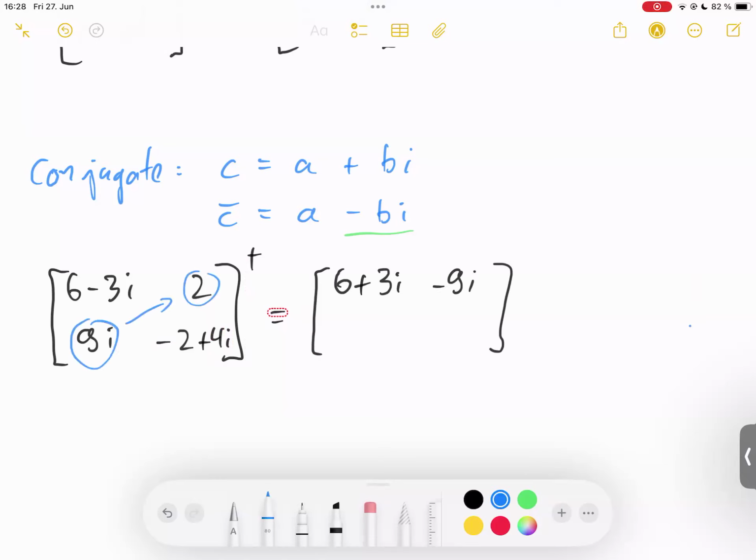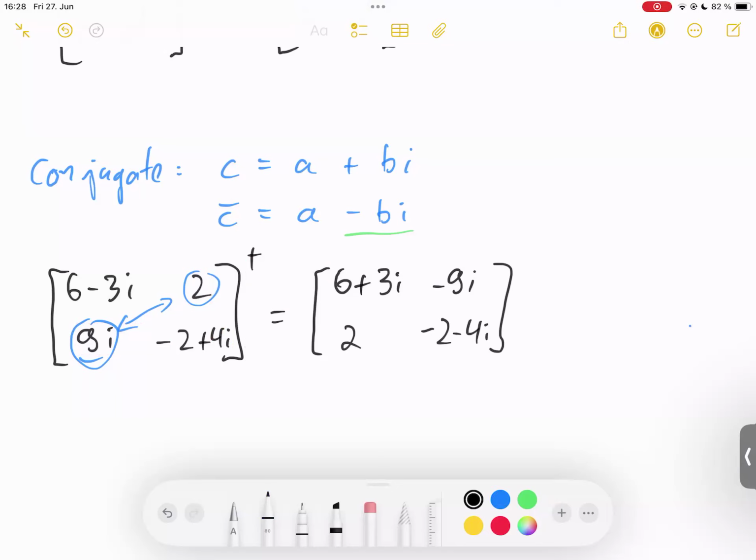So these two get flipped, and we change the sign of the imaginary part. So the next one down here is 2, which only has a real part, so it doesn't change. And the last one is minus 2 minus 4i. So thanks for the answers in the chat.